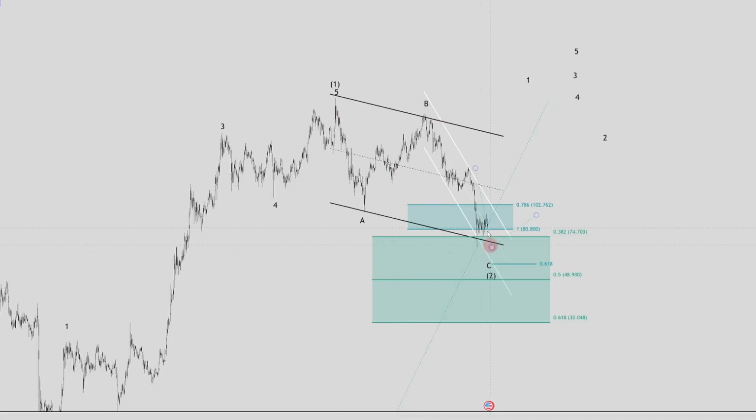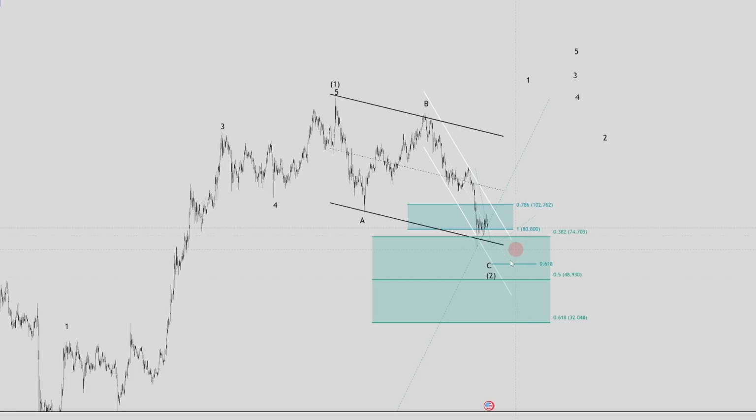It probably needs one more low, because this is probably a 1, 2, this is a very sharp 3 as usual, and it needs a 4 and 5. So wave C of 2 is not finished yet. So it probably needs one more low, and then we have divergence from wave 3 and 5 of wave C, and then we go up.